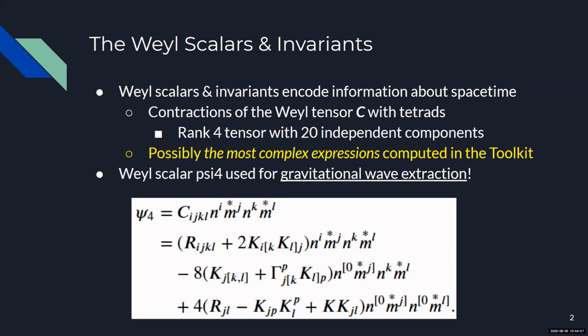This makes the scalar psi4 possibly one of the most complex expressions computed in the toolkit, because it is used for gravitational wave extraction. Its real and complex components correspond to the two different polarizations of gravitational radiation.